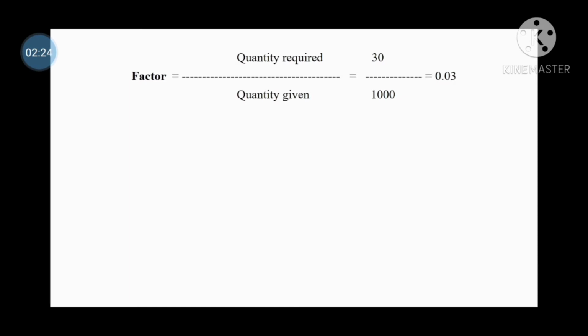The factor is the quantity required, which is 30 ml, divided by the quantity given, that is the whole prescription, of 1000 ml. So the factor will be 0.03.